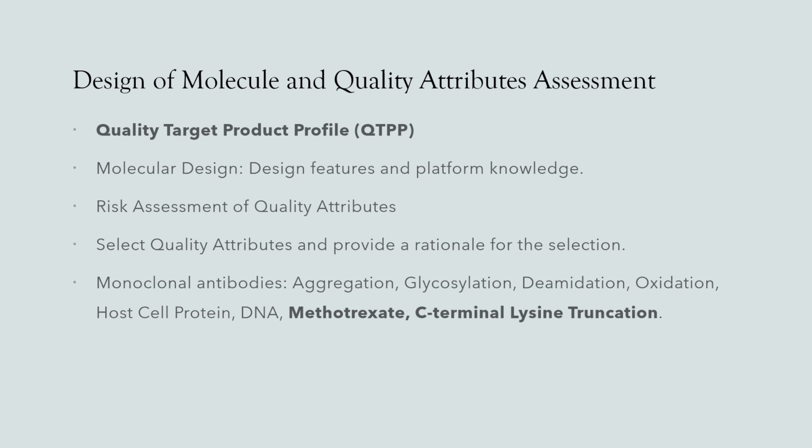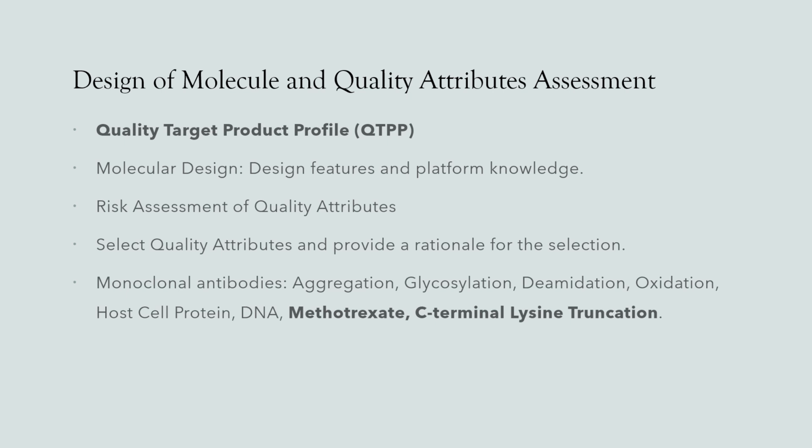And these are the kind of things that you need to consider for monoclonal antibodies. So they will be aggregation, glycosylation, deamidation, oxidation, etc., host cell proteins, DNA, as listed there.